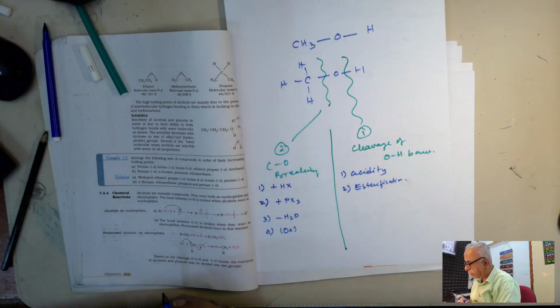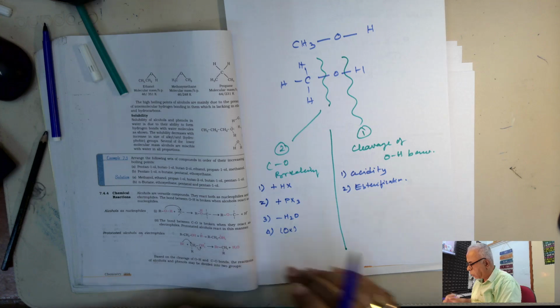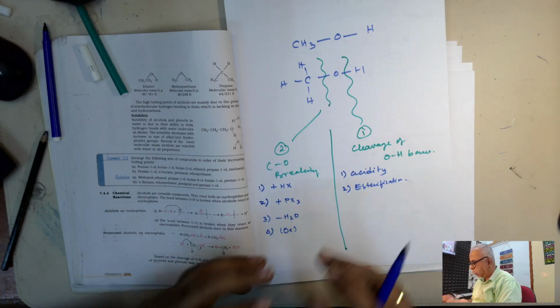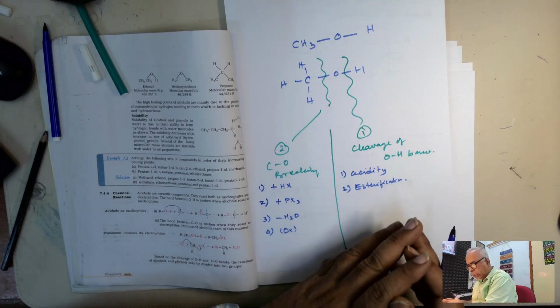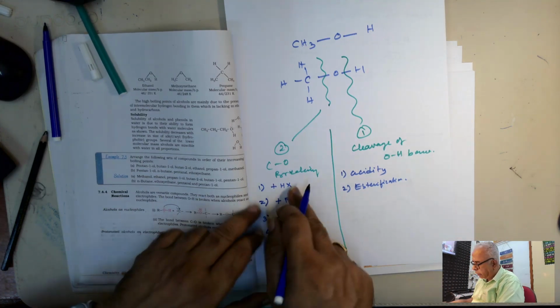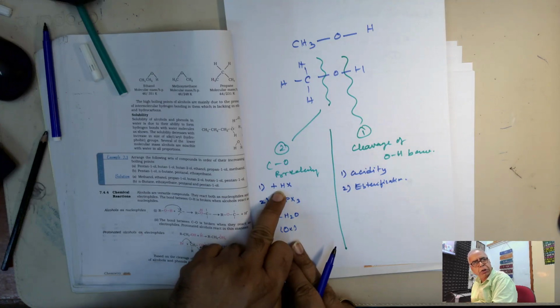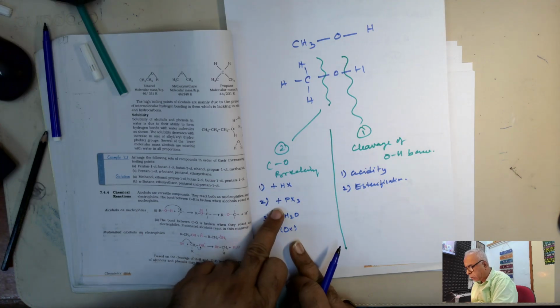So what do you mean by acidity? The release of H plus. What is esterification? Alcohol plus acid gives what? Ester, that is not salt, ester and water. In this case, hydrohalogenation, H plus, HX. And this one, PX3.